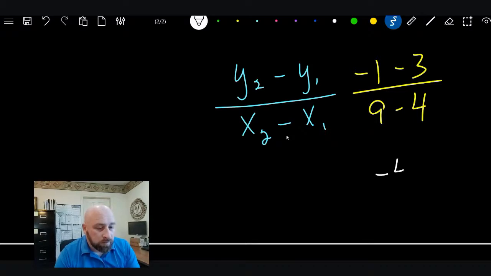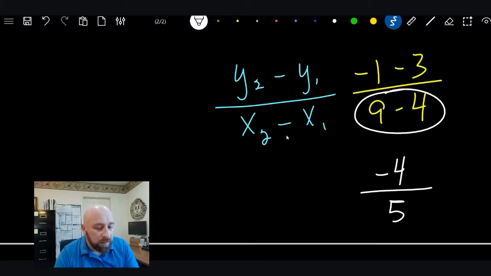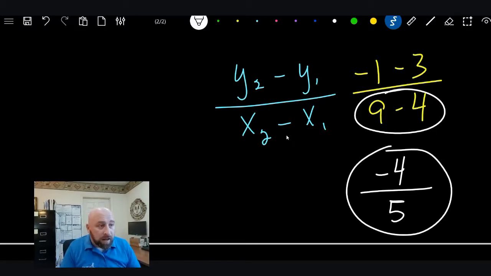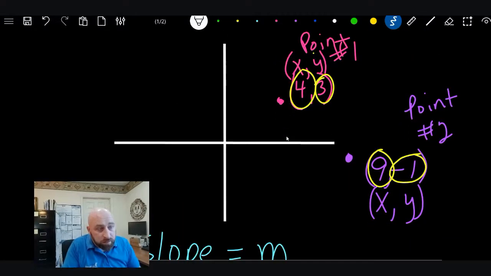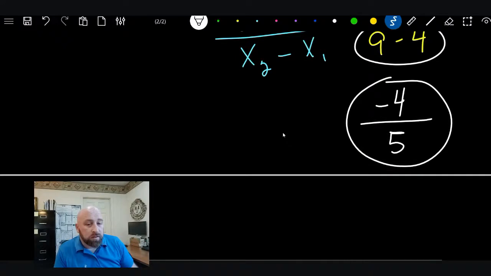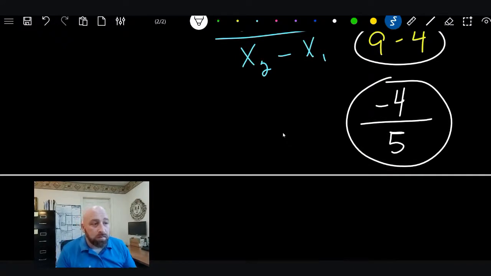So minus 4 over, and 9 minus 4 is 5. If you remember a second ago when we counted it, we got -4 over 5. Obviously we get the same thing because we're using the same points. So our answer is -4 over 5, using the formula.